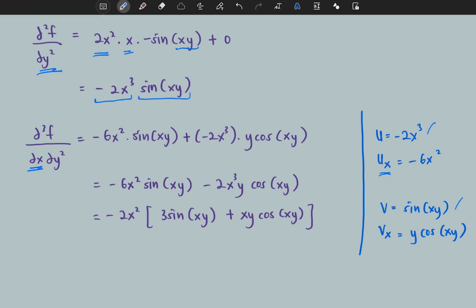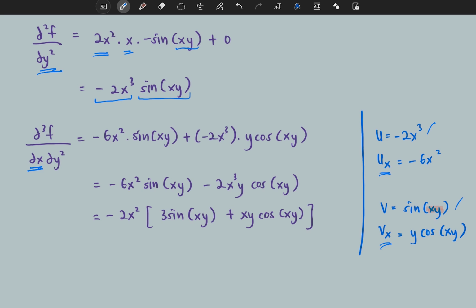Okay, and differentiate v with respect to x, going to be differentiate here the function, the angle with respect to x is going to be y, and differentiate the trigo sign is cos. So v_x is equal to y cos xy. Okay, so next, what you need to do, you need to plug in the derivative.